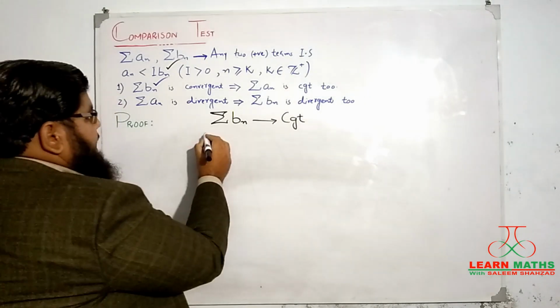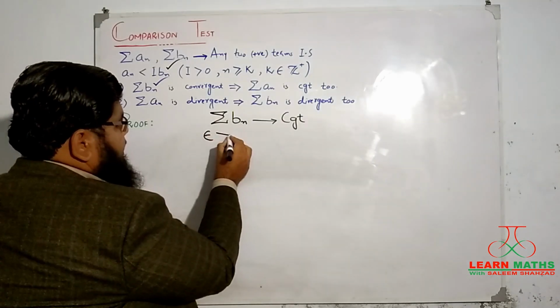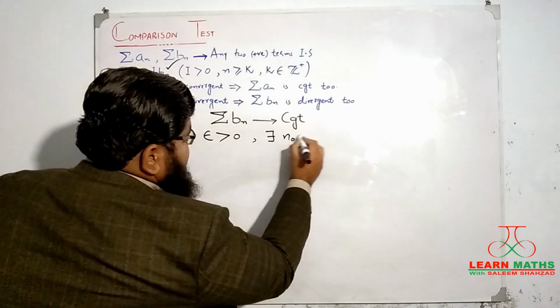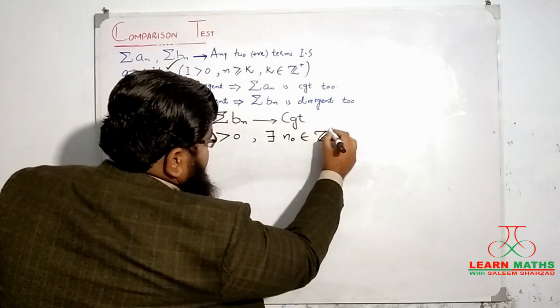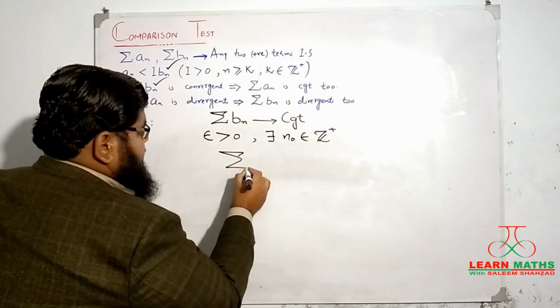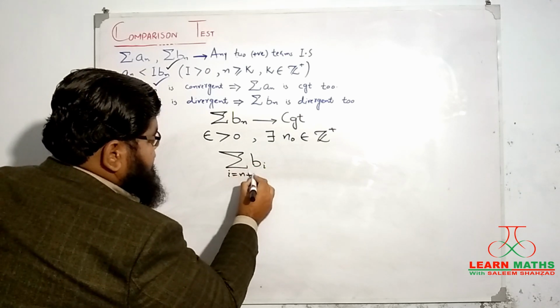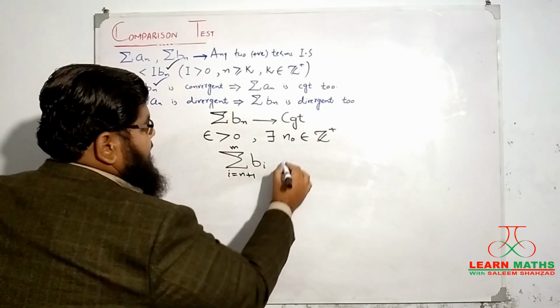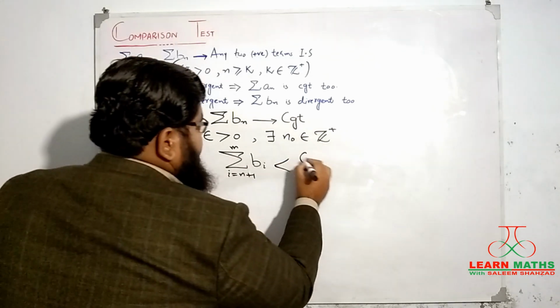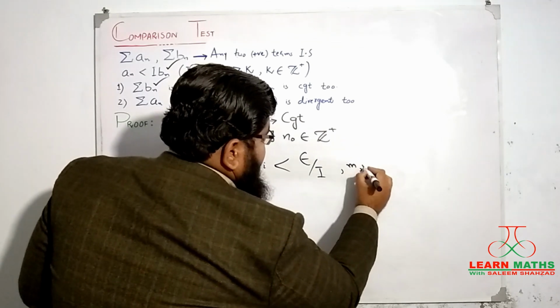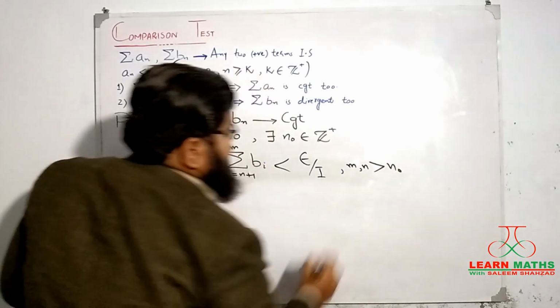So we can say that for any epsilon greater than 0, there will exist a positive integer n naught such that summation bi, where i runs from n plus 1 to m, will be less than epsilon over l for all m, n greater than n naught.